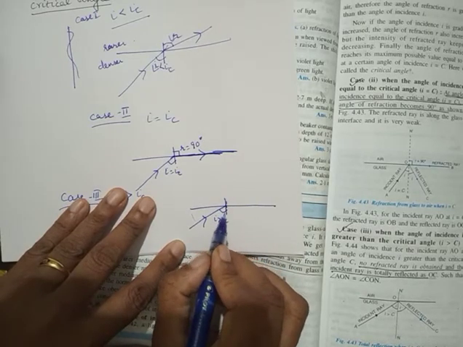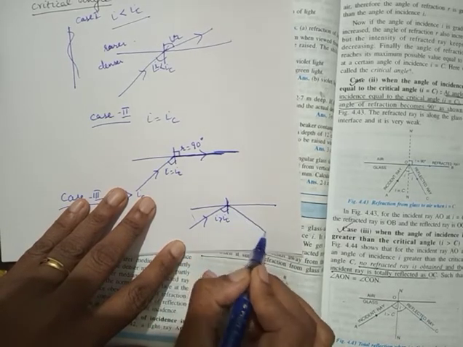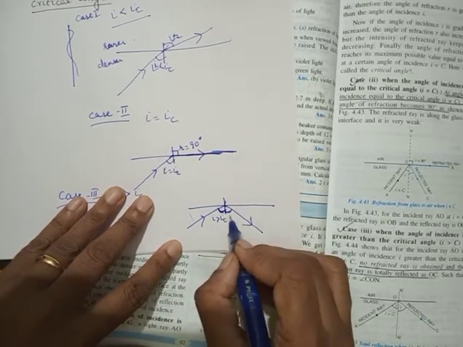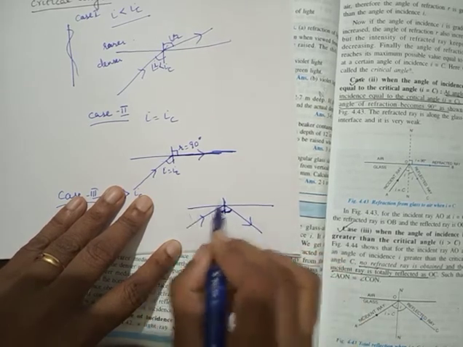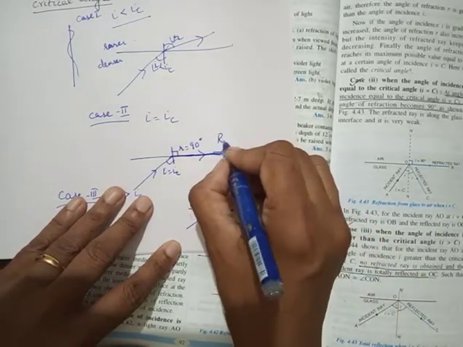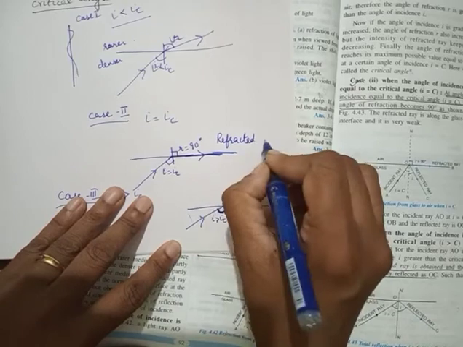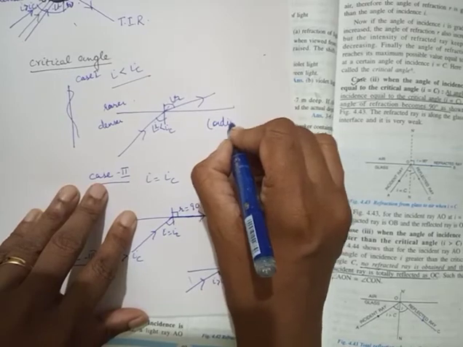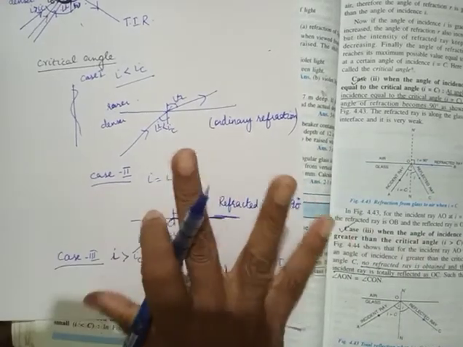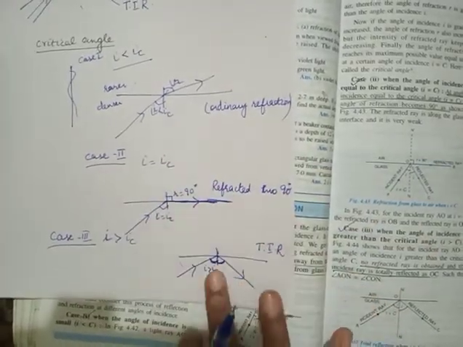Means you have to draw it like how you draw reflection. This angle should be the same as this angle, and it will undergo total internal reflection. This is ordinary refraction, this is refraction through 90 degrees, and this is total internal reflection. So these are the three cases: case 1, case 2, case 3.